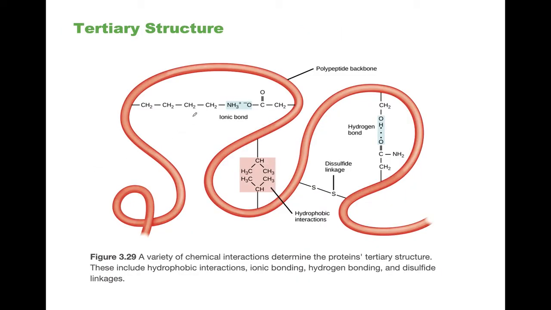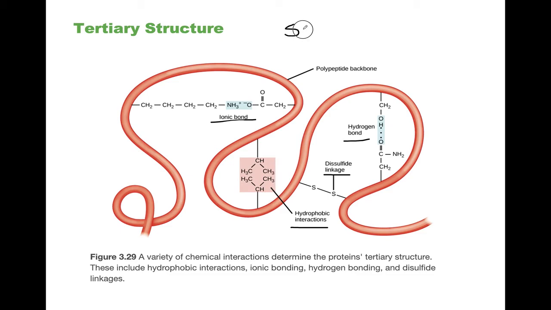How does tertiary structure form? Tertiary structure happens because of a number of different types of bonds. It could be hydrogen bonds, covalent bonds, hydrophobic interactions, or ionic bonds, and the components of the polypeptide that are involved in the formation of these bonds are the side chains.